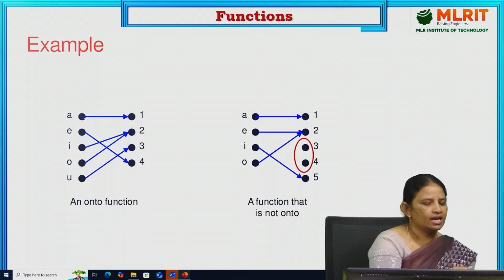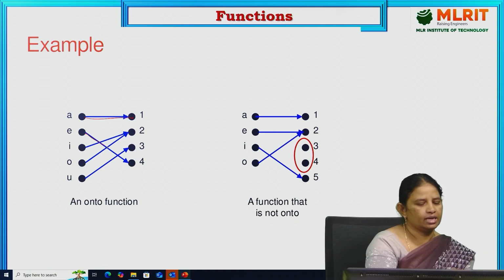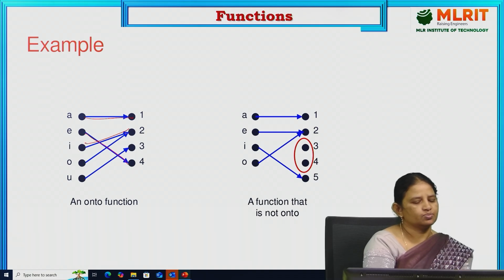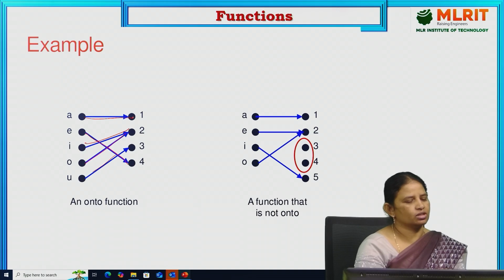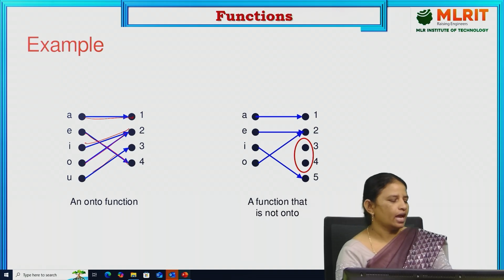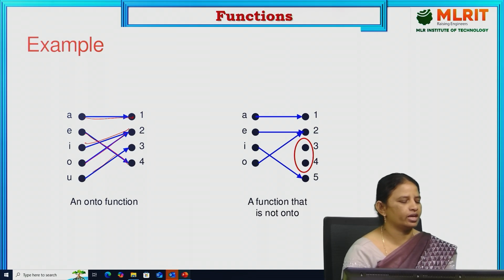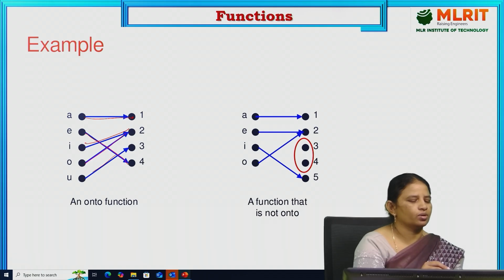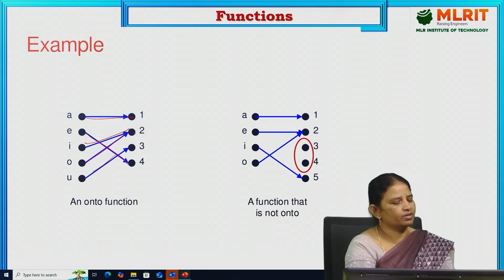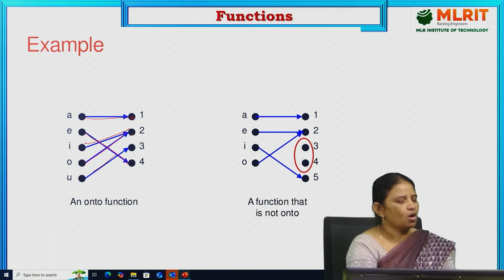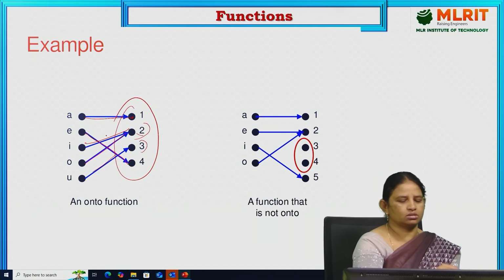Here A is mapped with 1, E is mapped with 4, I is mapped with 2, and O is mapped with 3. Every element of the codomain has a pre-image.